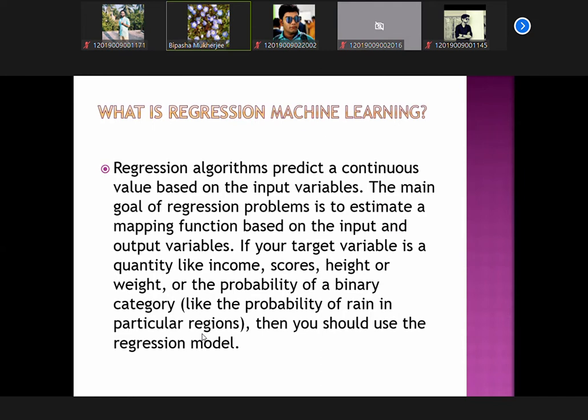Regression basically involves prediction. It's not giving you any definite value, whether to accept or to reject. Regression does that, based on some input, it predicts what can be the output.